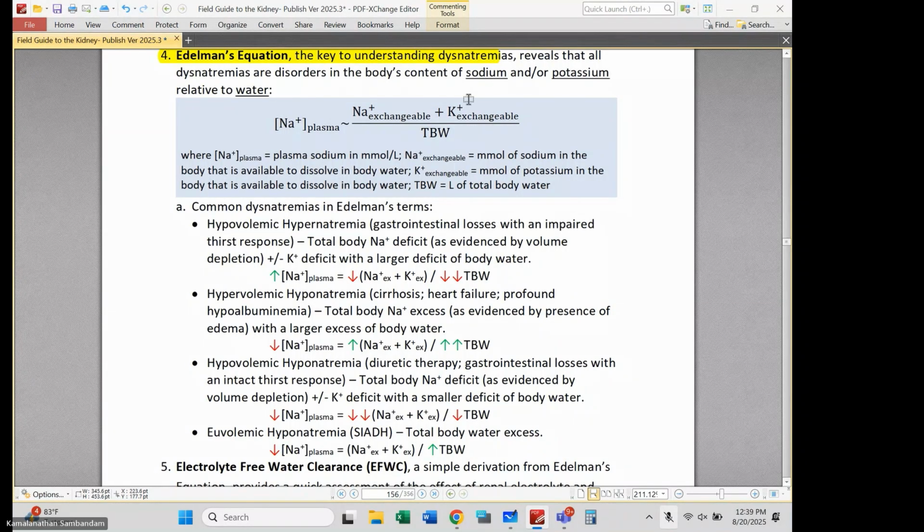We've already gone over what exchangeable means, so I can just briefly say if that sodium can enter the aqueous phase, whether it's in the cell or outside of the cell, in the cell is immeasurable in routine clinical practice, that's considered exchangeable sodium.